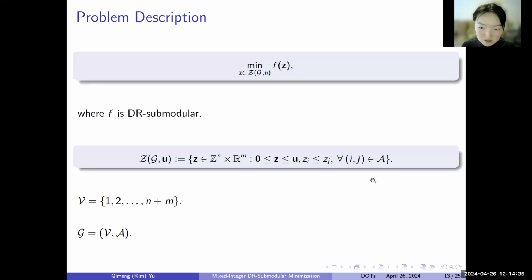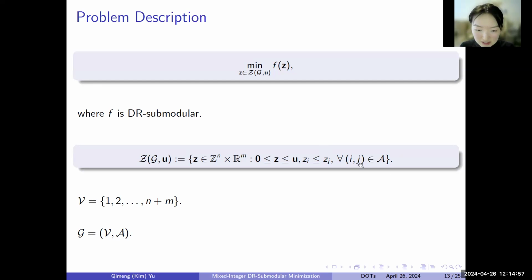Let me explain how these constraints are entered into the model. V is the index set for all the dimensions, and G is the digraph with vertices V and some arc set A. This arc set A governs the monotonicity constraints.